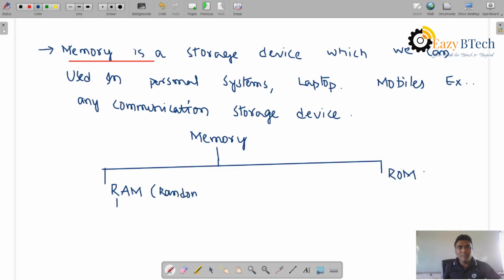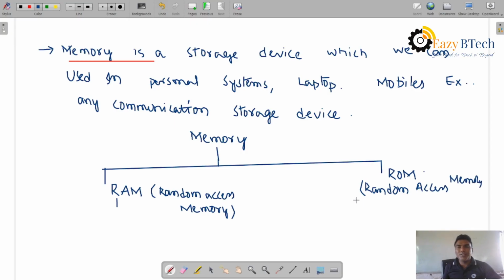You already know what a memory is, which you can use in mobiles, personal systems, computers and laptops also.